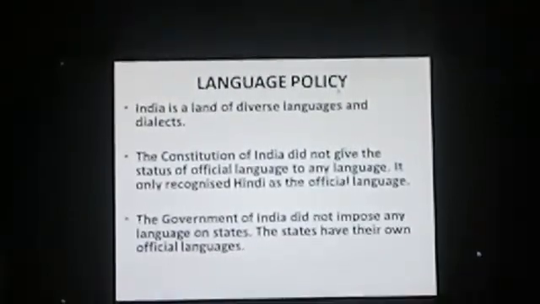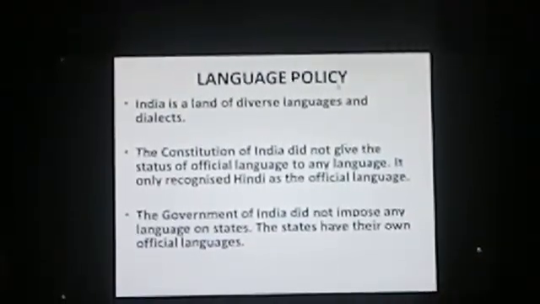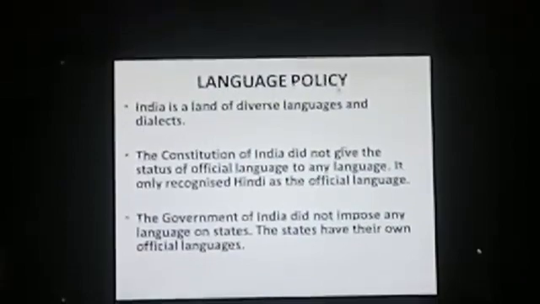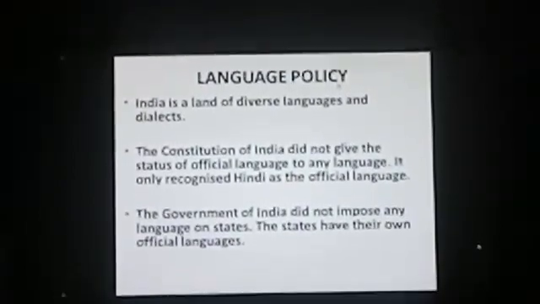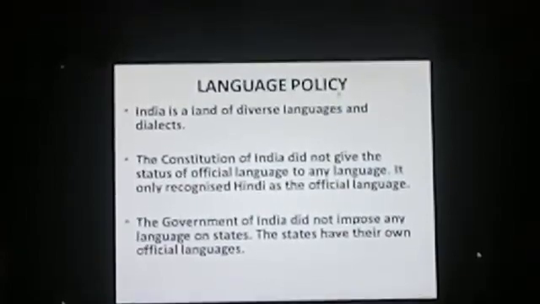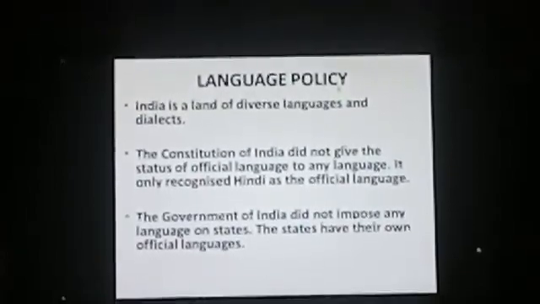So the government of India did not impose any language on states. The states have their own official languages. Besides Hindi, there are languages recognized as scheduled languages by the Constitution.